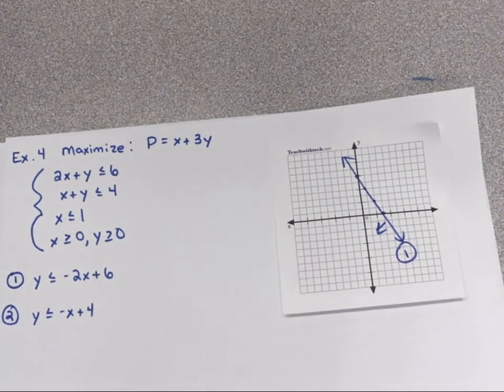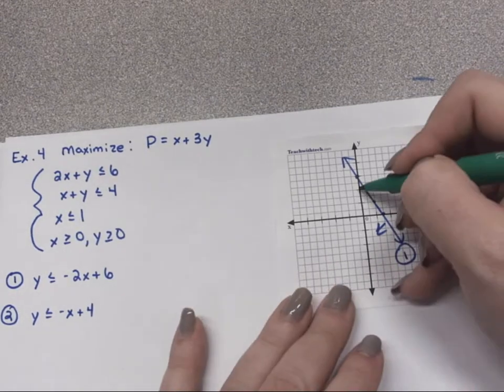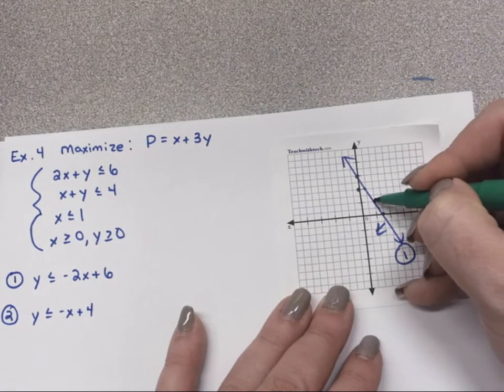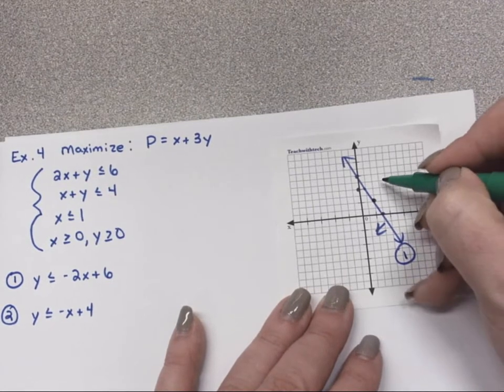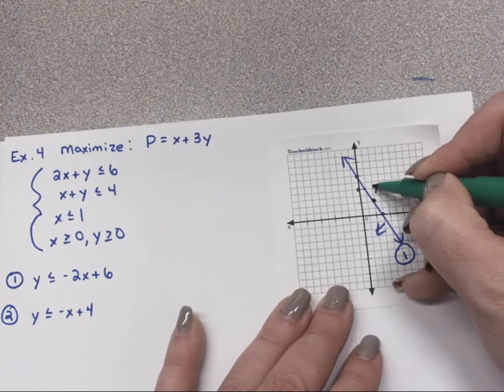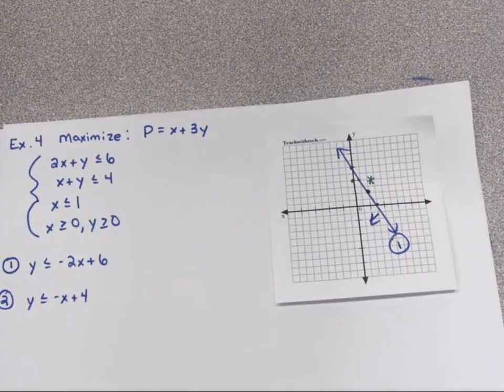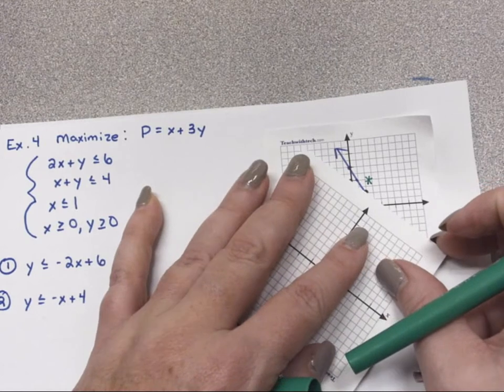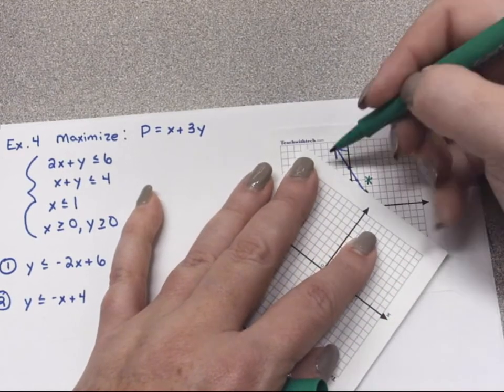I just had it crossing at the wrong spot. Equation 2 is going to cross at 4, right? The y-intercept is 4, and we're going to go down 1 over 1. Notice if you keep going down 1 over 1, you're crossing right here, okay? So this is an important point. This point right here is the point of intersection. That is going to be significant for us because it helps describe one of the corners.